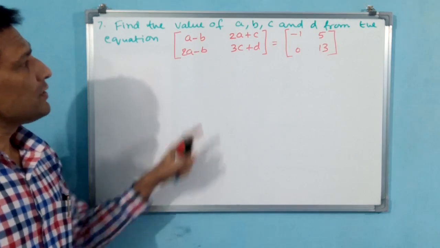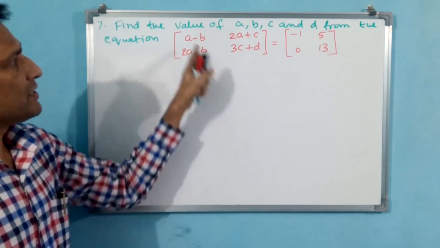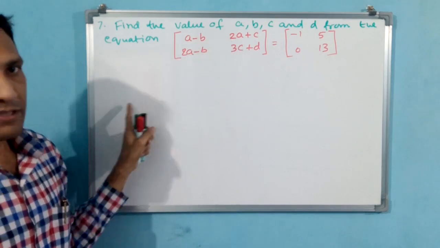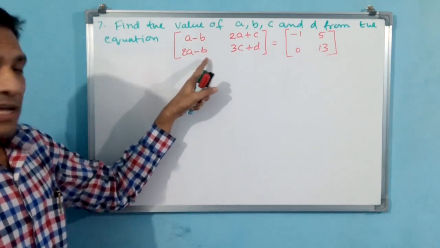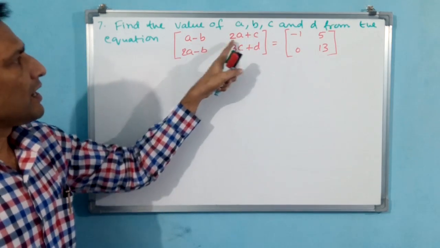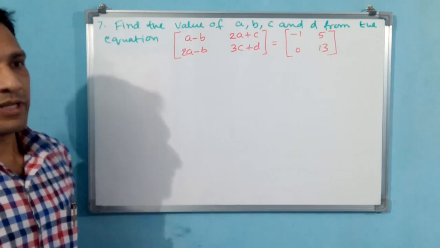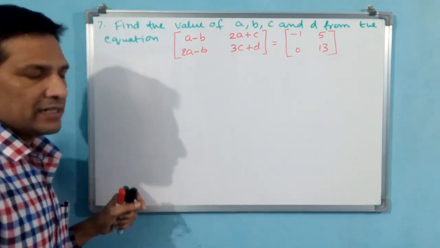See, before proceeding, you see A minus B is there, then at least another equation A or B should be there. Then that equation you have to take and solve. If both A, B has come, okay. Or else at least A plus C or B plus C equation you have to take. But here logically, luckily A minus B, 2A minus B is there.